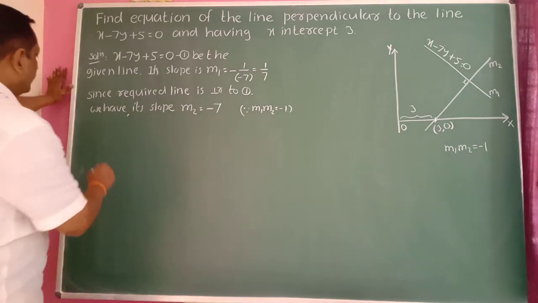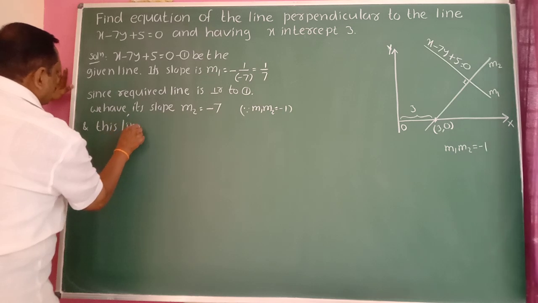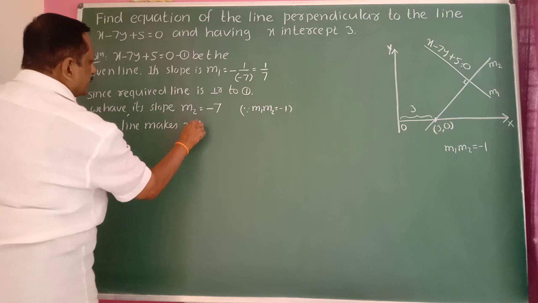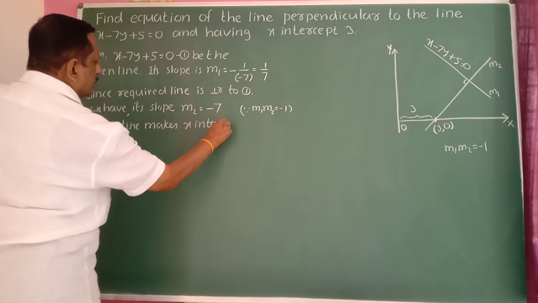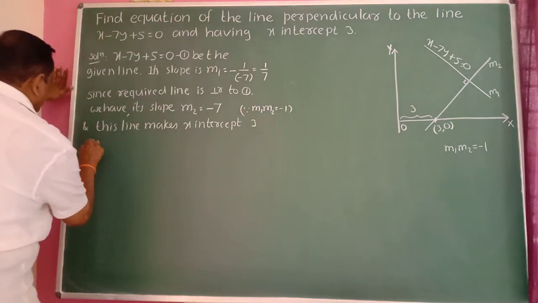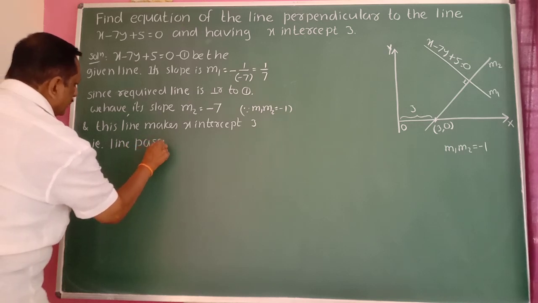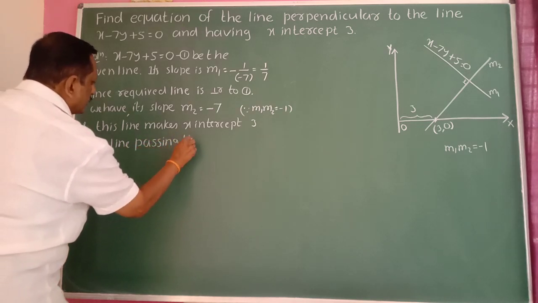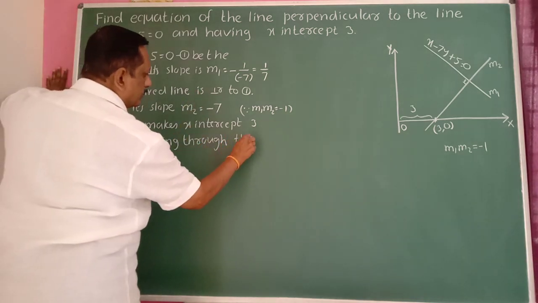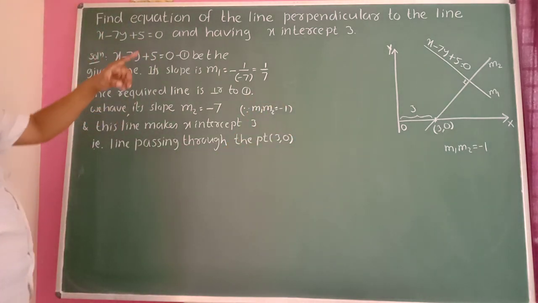And this line makes x intercept 3, that is, the line passes through the point (3, 0), because it makes x intercept 3 units.